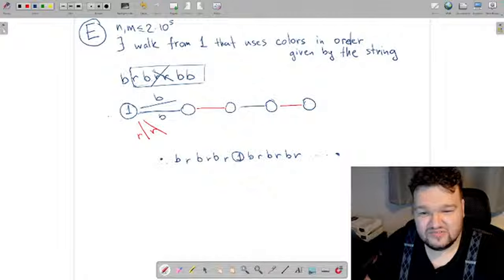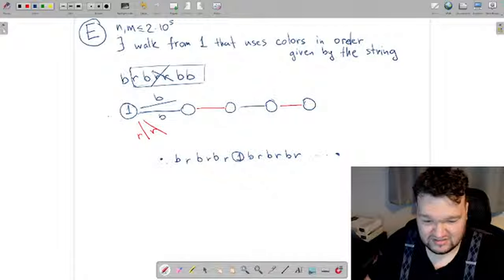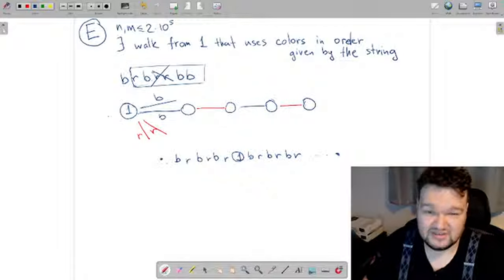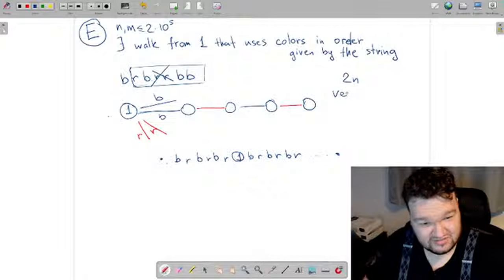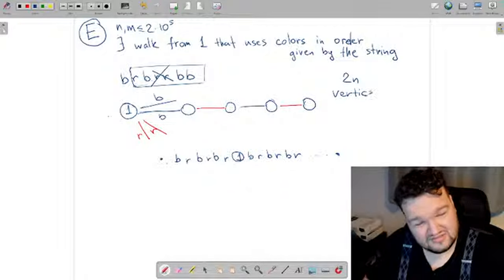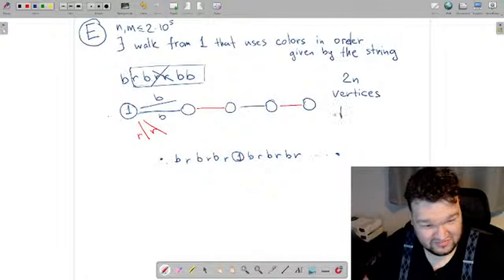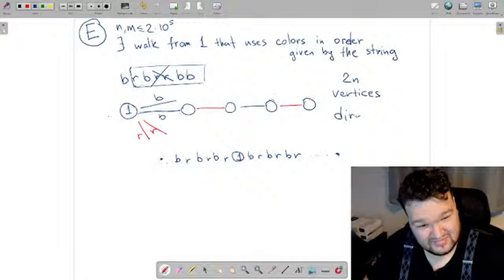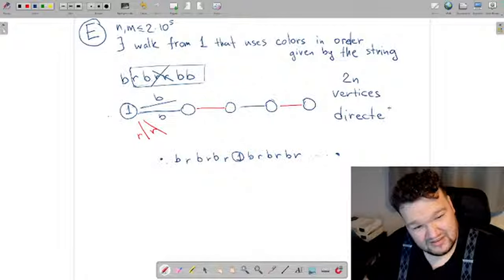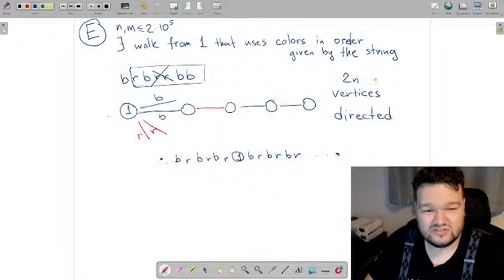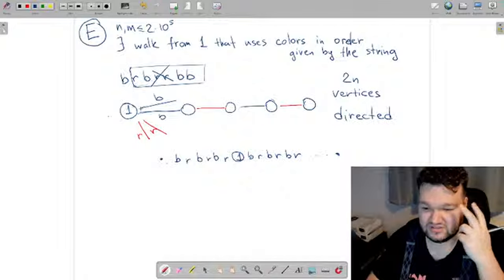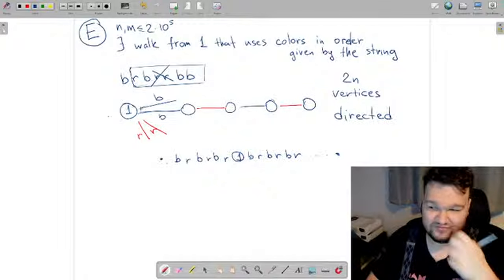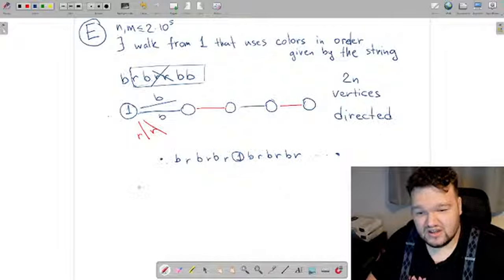To do that, we will construct a different graph. It will have 2n vertices, and it will be directed. Each vertex of the initial graph will correspond to 2 vertices in the new graph.